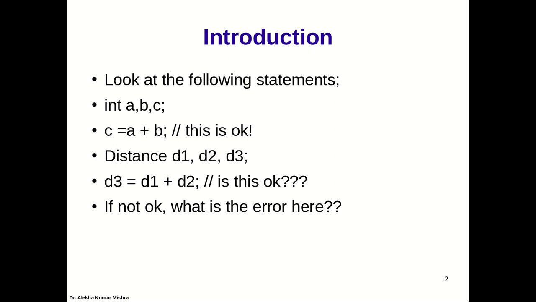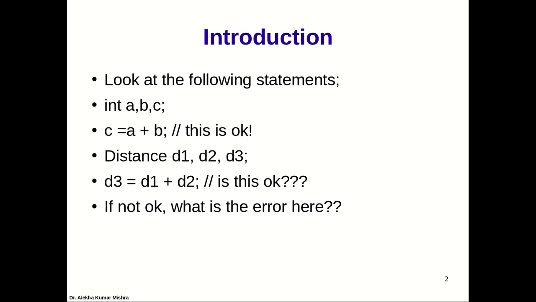So what is the objective here? Instead of writing d3 dot add distance, or just add by passing d1 and d2, which looks like a function call, when you write like this it gives a logical meaning and the program becomes more clear.